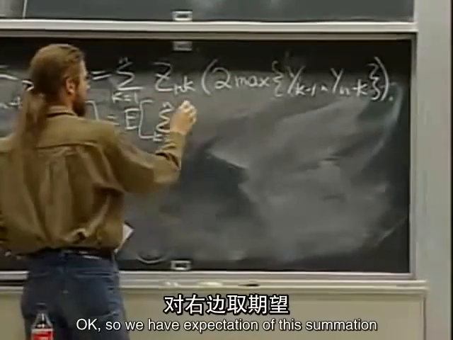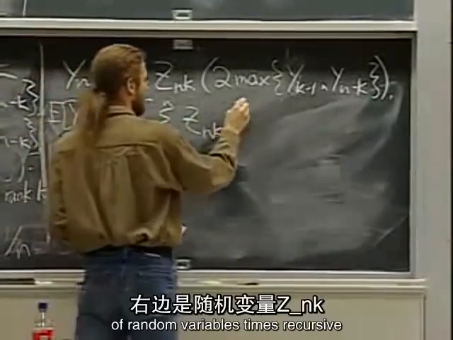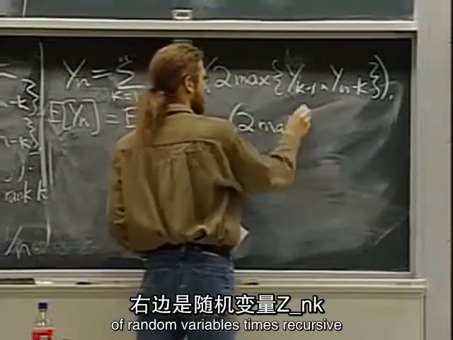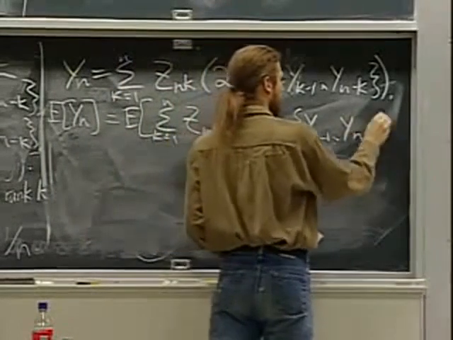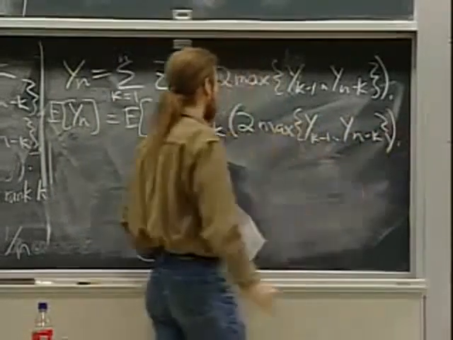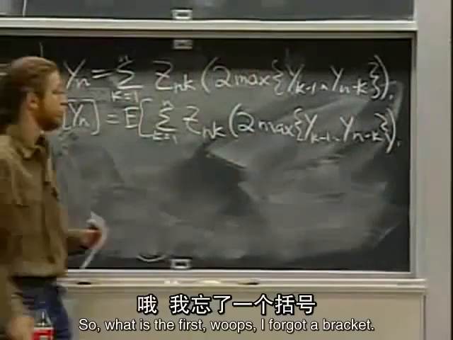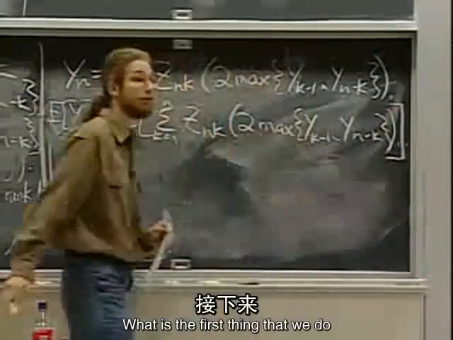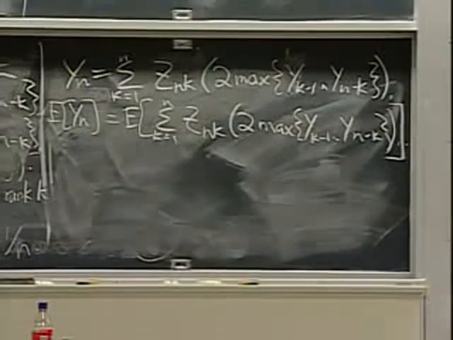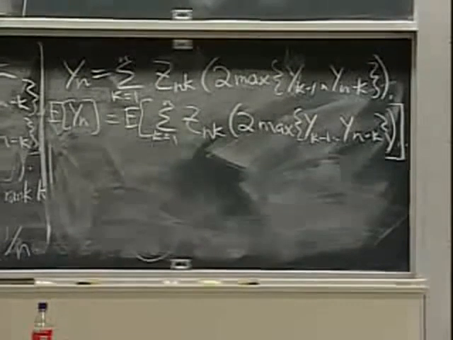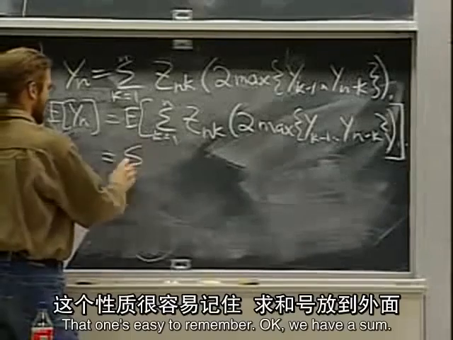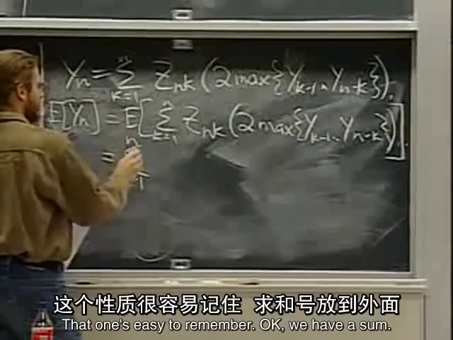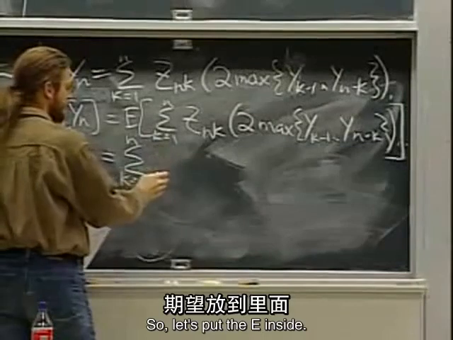So we have the expectation of this summation of random variables times recursive random variables. What is the first thing that we do in this analysis? Linearity of expectation. That one's easy to remember. Here we have a sum, so let's put the E inside.